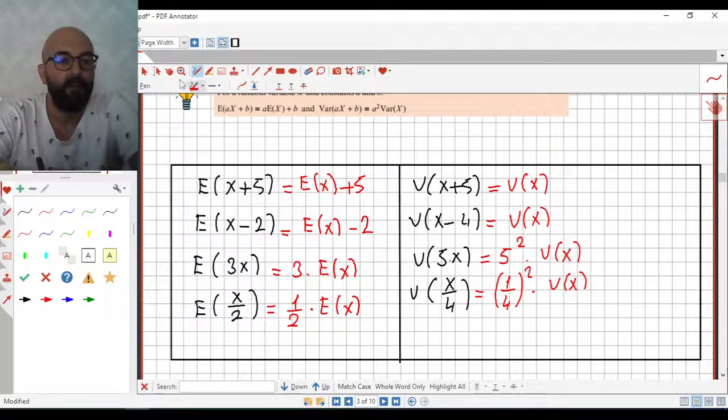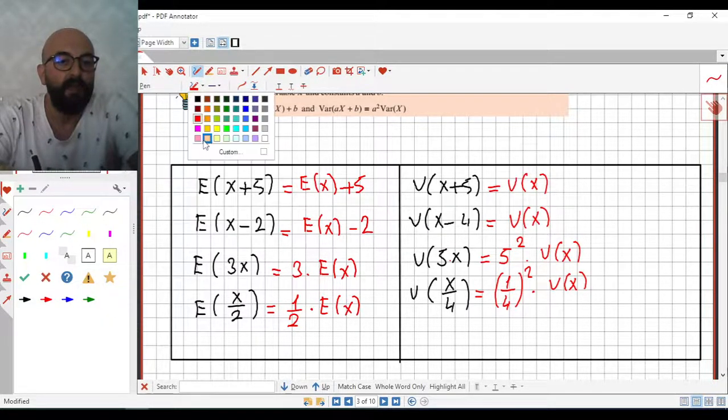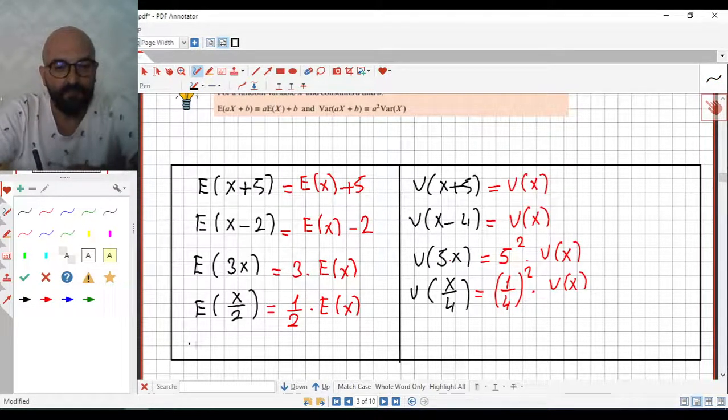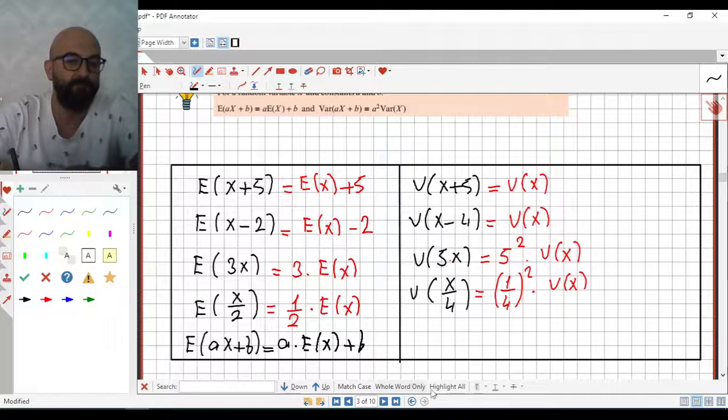Okay, and as a result, the finding of our results: the expected value of aX plus b means a multiplied by the expected value of X plus b.